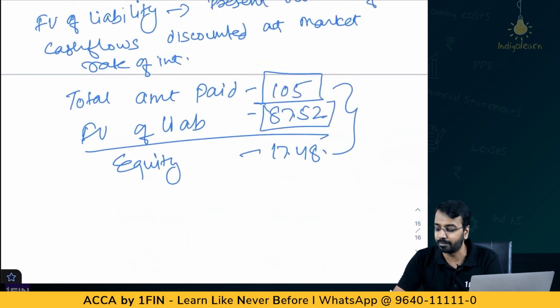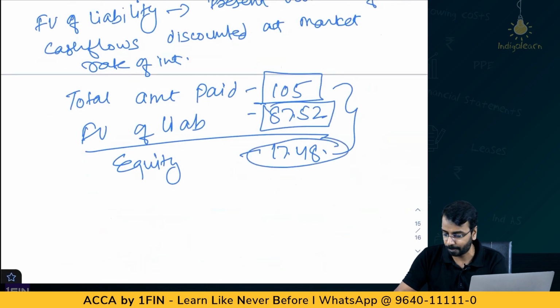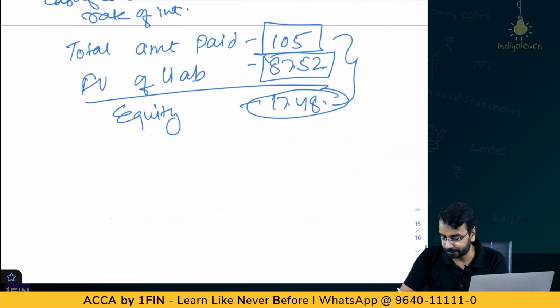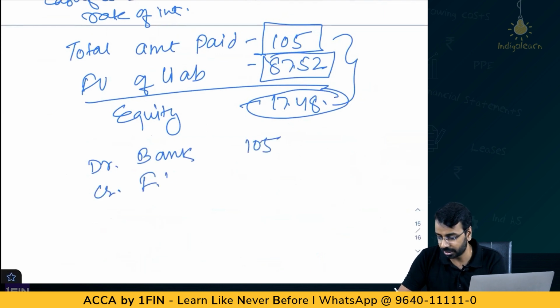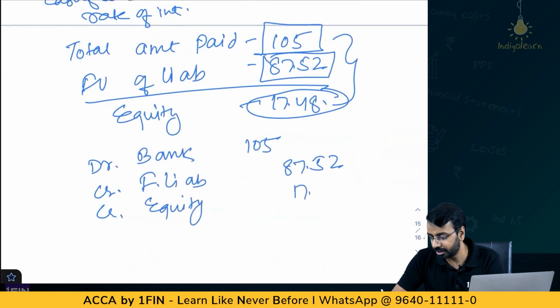The liability is 87.52. Balance is equity. So the entry would be debit bank 105, credit financial liability 87.52, credit equity 17.48.